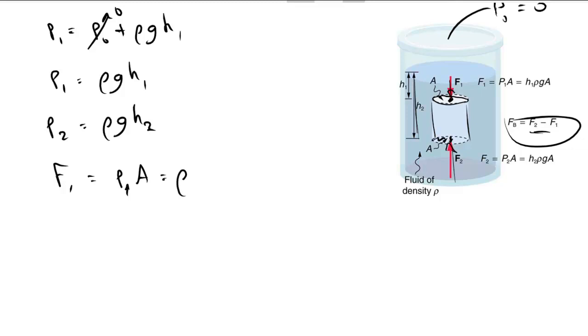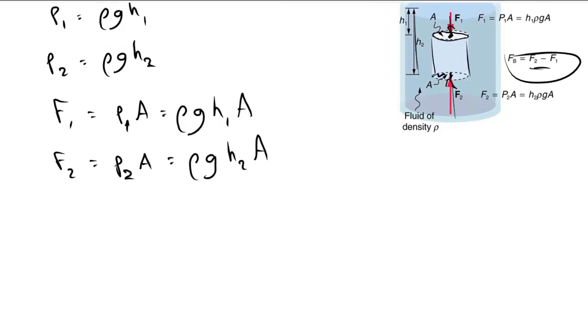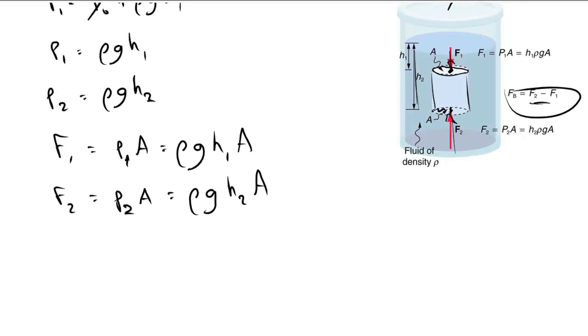So this is density times gravity times height 1 times area. And force 2 would be pressure 2 times area, which would be density times gravity times height 2 times area. So that's force 1 and force 2. The buoyant force is the difference between them, the net upward force.